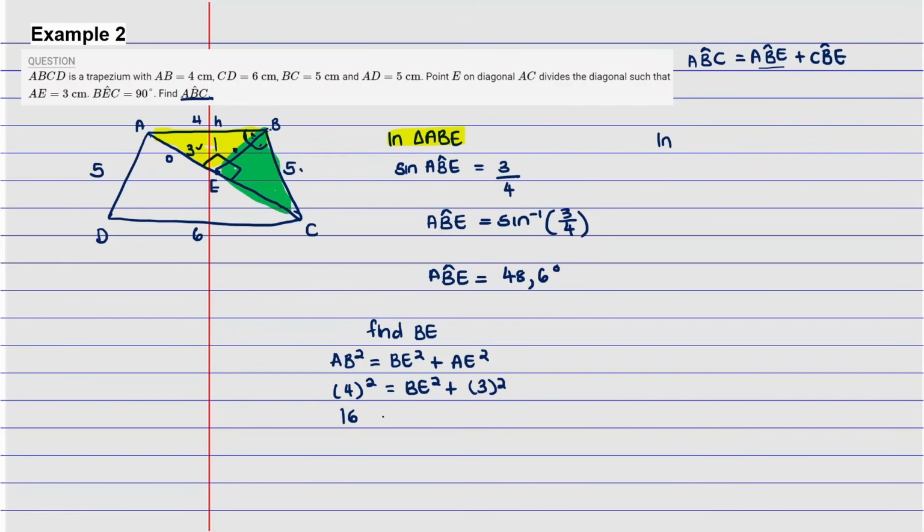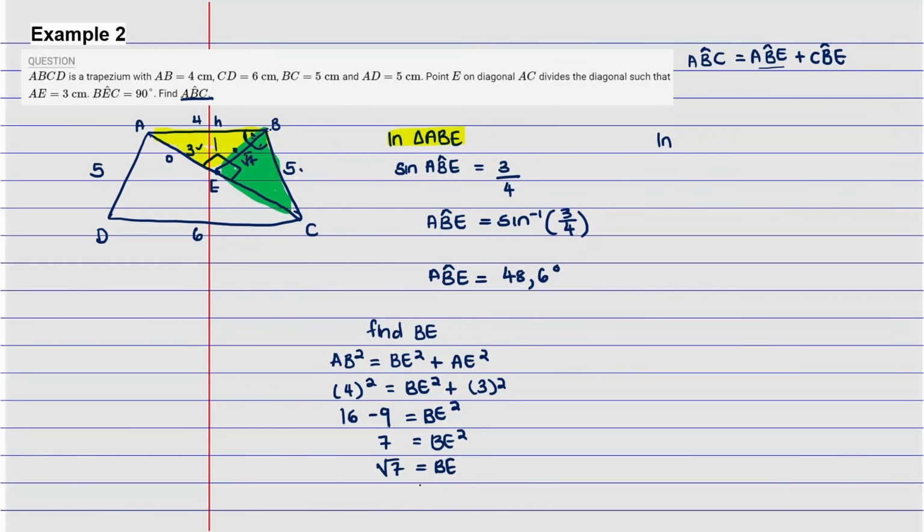So that's the same as 16 minus 9 is equal to BE squared, which is 7 equals BE squared. Square root on both sides, so root 7 is equal to BE, right? So this side is going to be root 7.